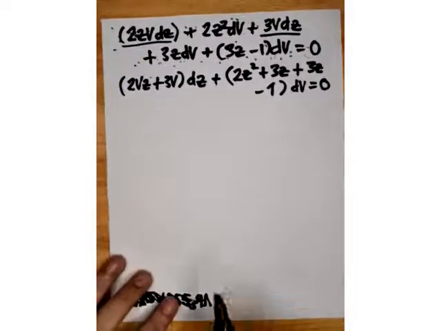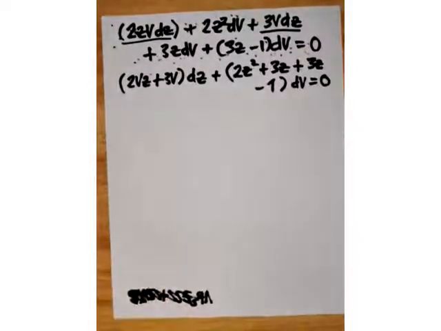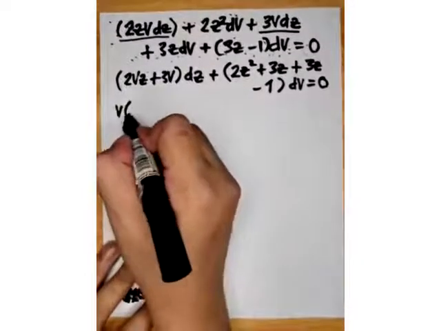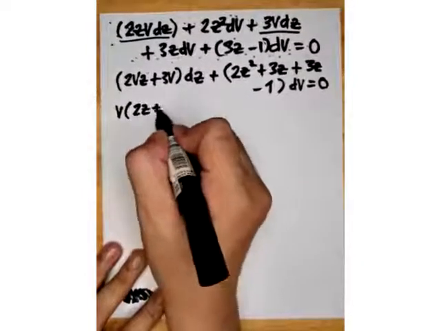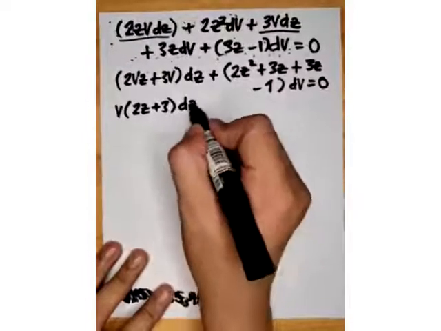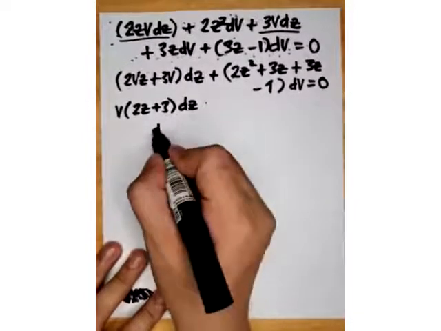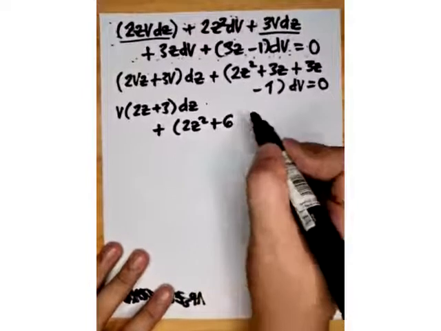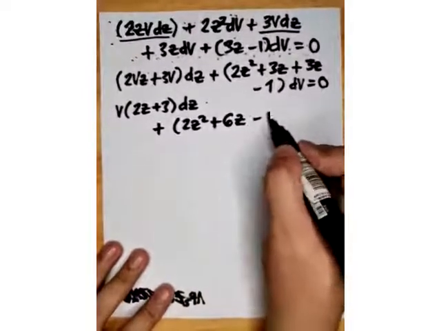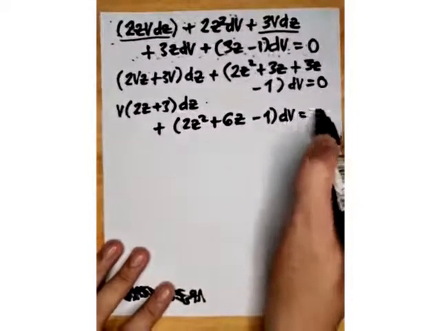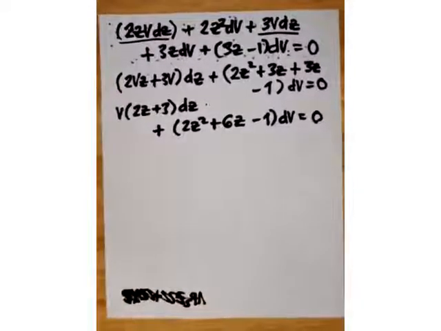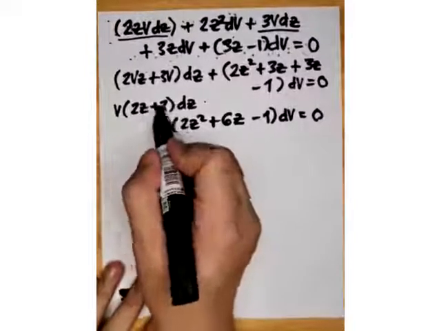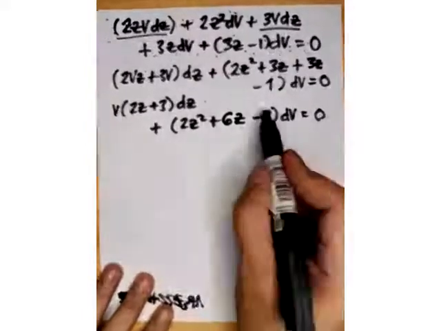Okay? And then, ayan. So, target natin yan is gawin siyang separable. So, ito will factor out v. So, times 2z plus 3 dz plus, simplify, 2z squared plus 6z minus 1 dv is equal to 0. Ayan. So, pwede na natin siyang separate. So, ito ay magre-retain yung mga z, tanggalin ng v. Ito naman, tanggalin yung may z.